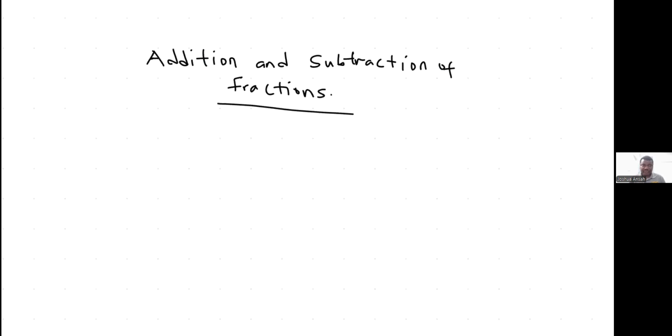I know from the previous lesson we've learned about fractions, and we know that a fraction is part of a whole. So if you have a whole like this, and you take part of it, then this becomes a fraction of it.